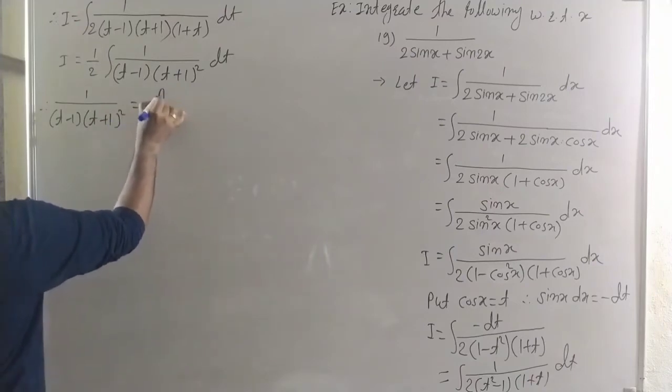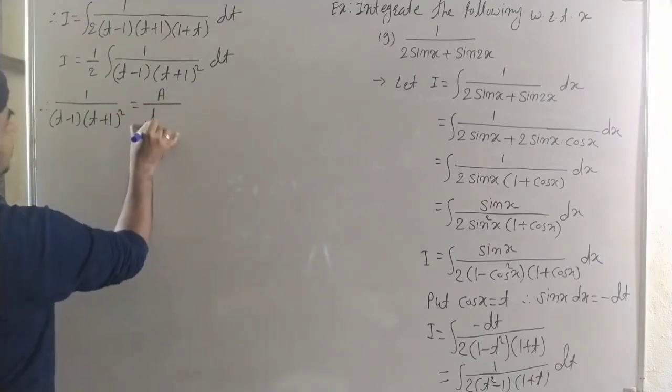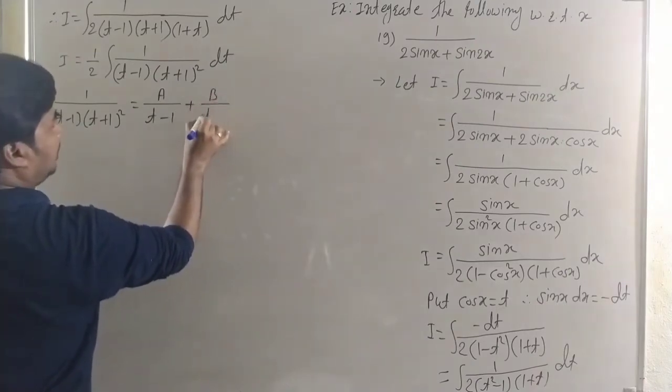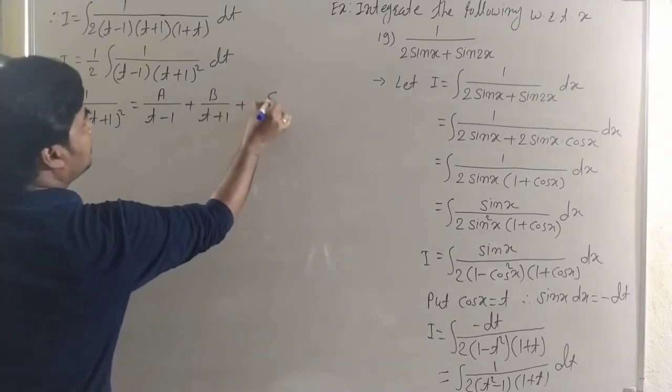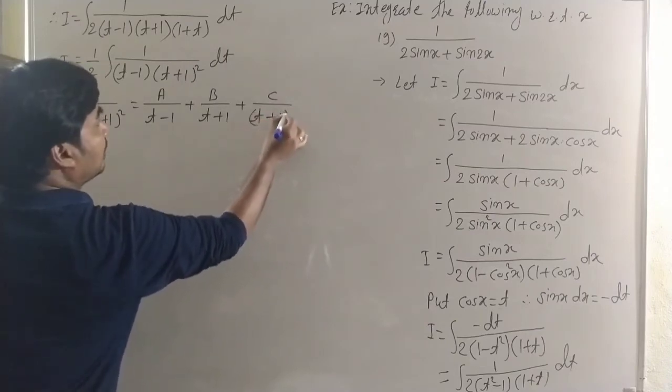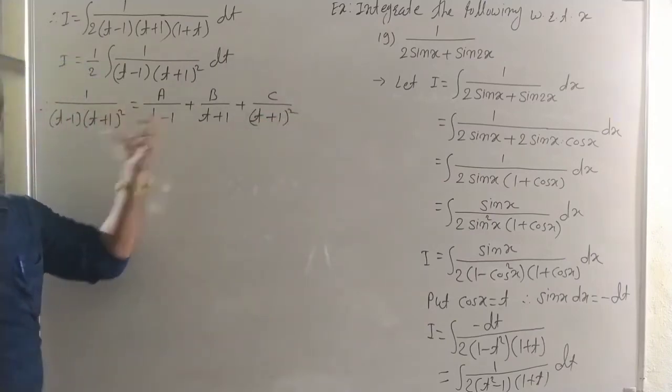This can be written as a upon t minus 1 plus b upon t plus 1 plus c upon t plus 1 whole square. It is a repeated linear factor.